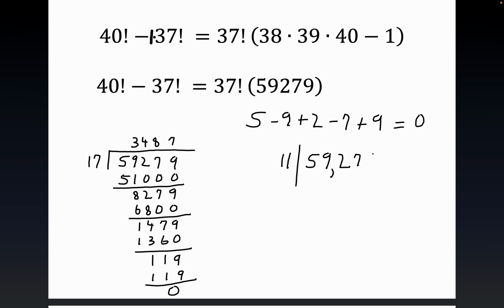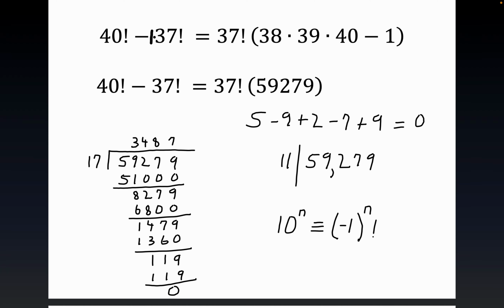Now the reason is this interesting looking little truism about congruences. 10 raised to the n power. This is not too hard to verify. I'll just write it down as a fact for now. 10 raised to the n power is congruent to minus 1 raised to the n power mod 11.